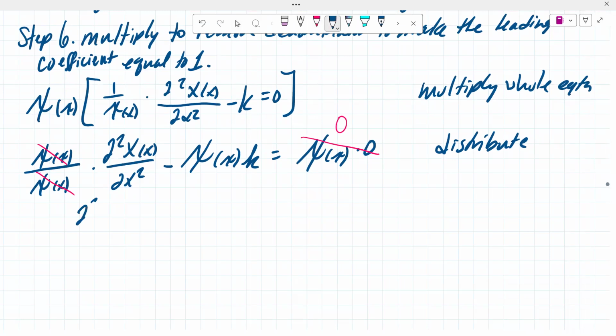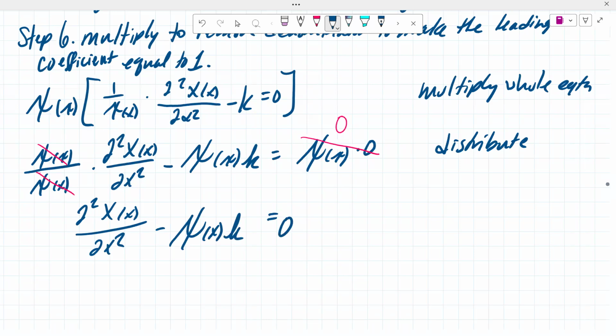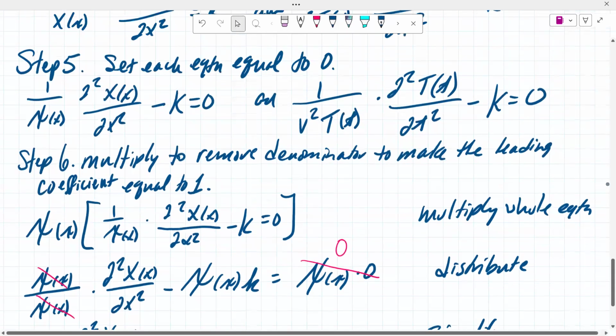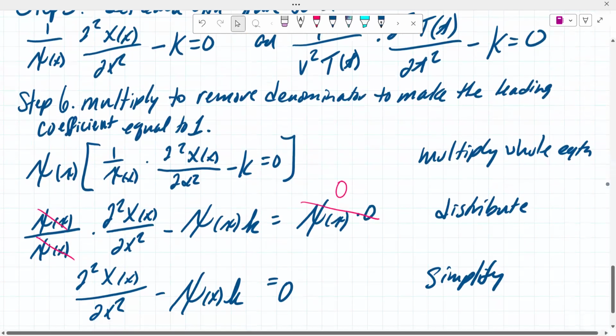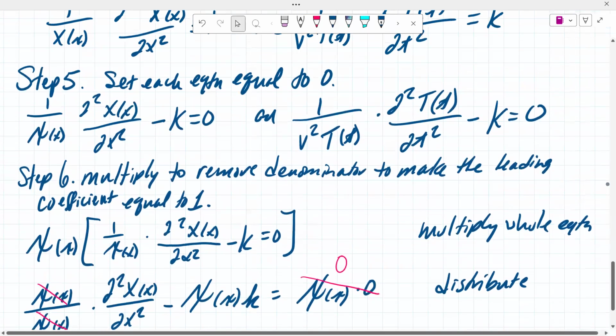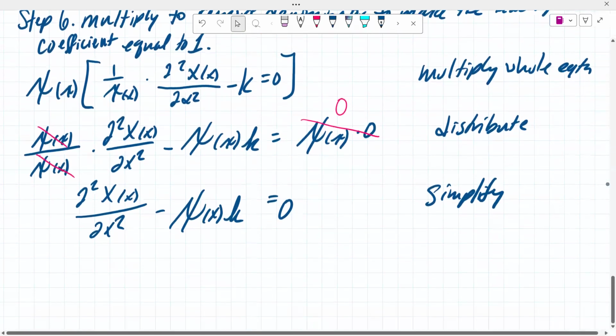Good. d squared X of x over dx squared minus X of x k equals 0. All right, let's simplify. But don't forget that we had 2 equations. So we need to do the same thing for the other equation. So let's go ahead and do it.